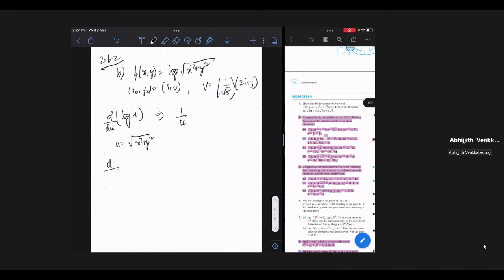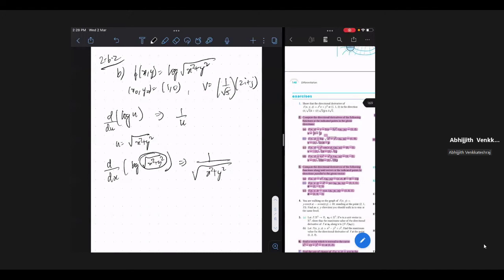If I do it in a similar way, d by dx of log root of x squared plus y squared is going to be 1 by root of x squared plus y squared, times the differentiation of what's present inside the log.